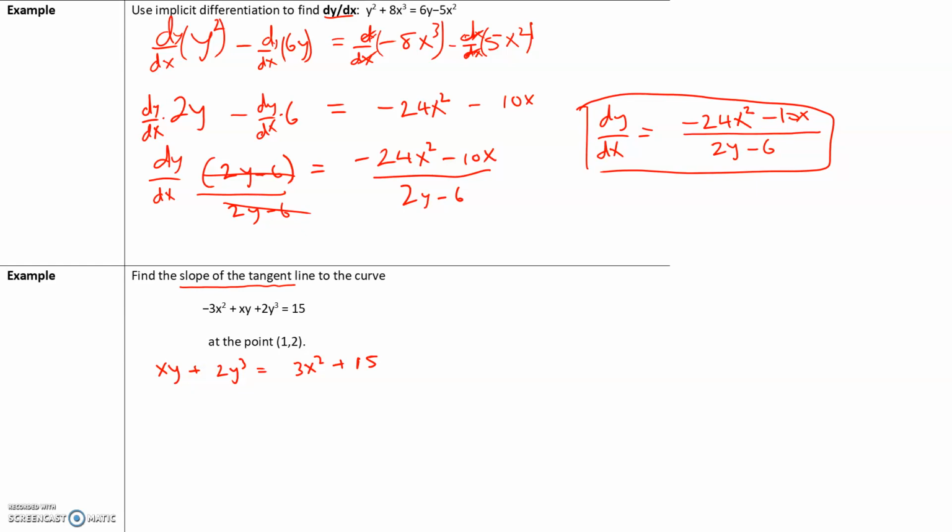Then I have to take the derivative of each term. So we have d/dx of xy plus d/dx of 2y cubed equals d/dx of 3x squared plus d/dx of 15. Now when I differentiate this, notice what's happening. It's x times y.